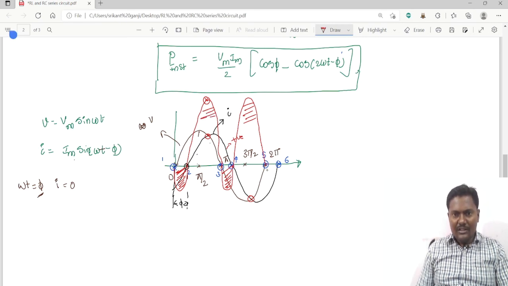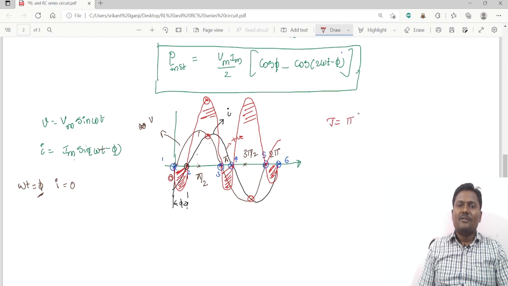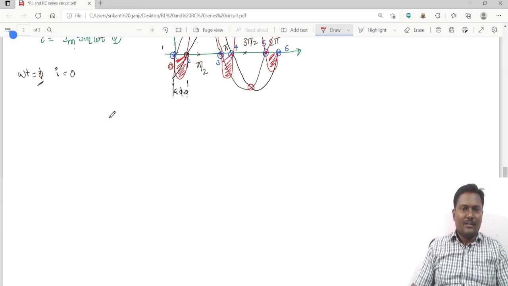And between 5 and 6, this is a continuation of the waveform, so positive into negative is negative. So what is the time period of the waveform? Here it is 0 and it will be pi. Means the time period of the power waveform is pi.